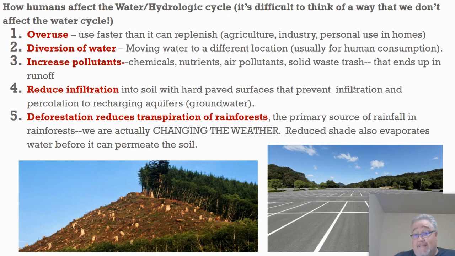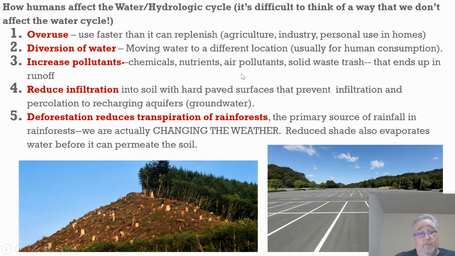So it never really gets into the soil, so that it can accumulate into groundwater. That's becoming a big problem. We have a lot more of these paved surfaces, parking lots or streets or sidewalks, and they don't allow the water to get where it's supposed to be underground.